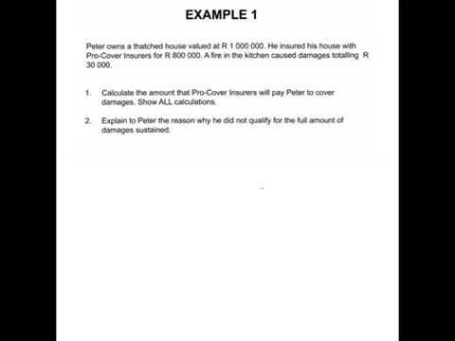The moment we are underinsured, we have to do the average clause calculation to see what we are going to receive from the insurance company. So although the value of the claim is 30,000 rand, we will receive less than 30,000 rand because we are underinsured. Let's take a look at the first question to see how much ProCover will pay Peter in this example.